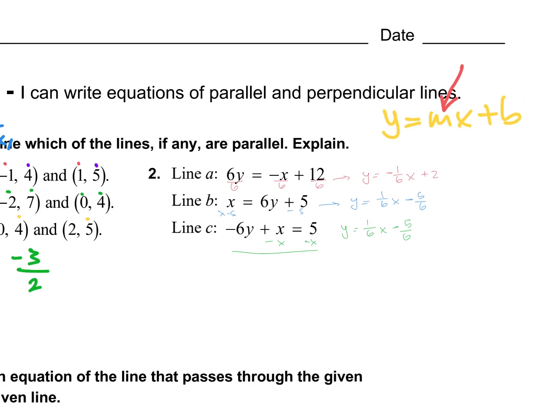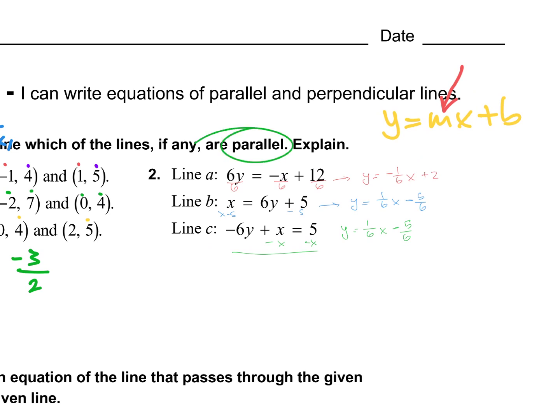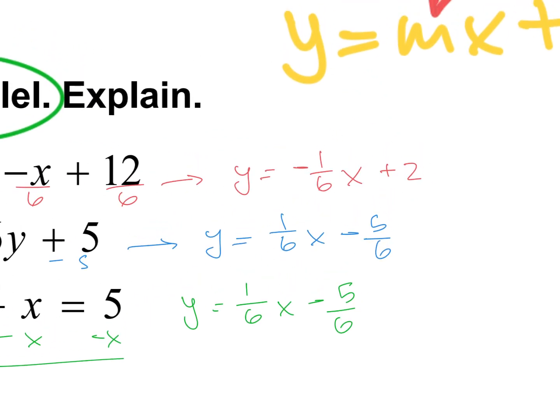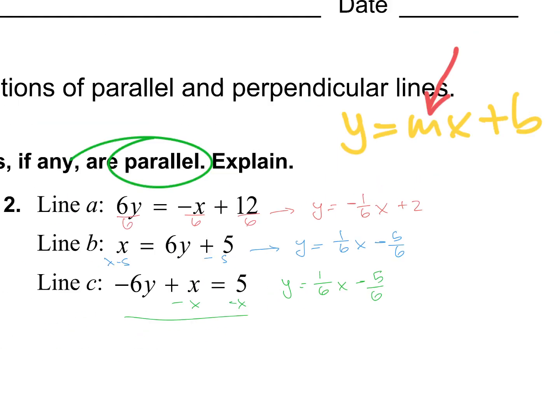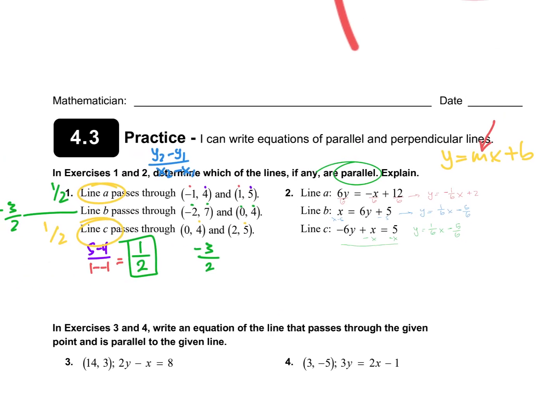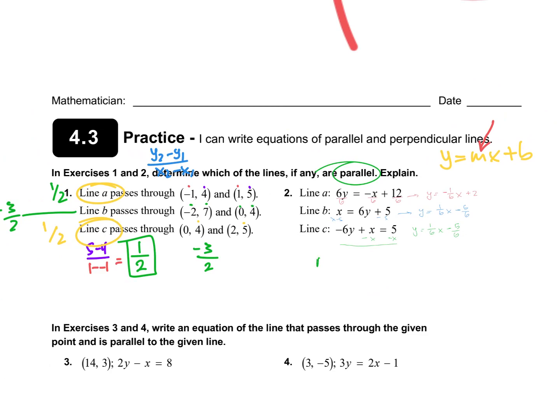And so we're looking for the same slope. That's what you're looking for when it comes to parallel. So unfortunately for this guy, he does not have the same slope as these, because his slope is negative 1/6. These guys have the same slope, but there's something funky about them. They are the exact same line. So our answer for this one is no, none of them are parallel.